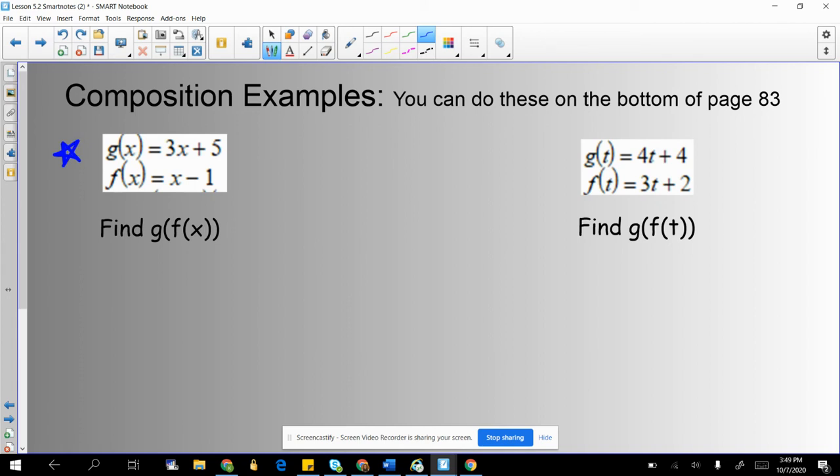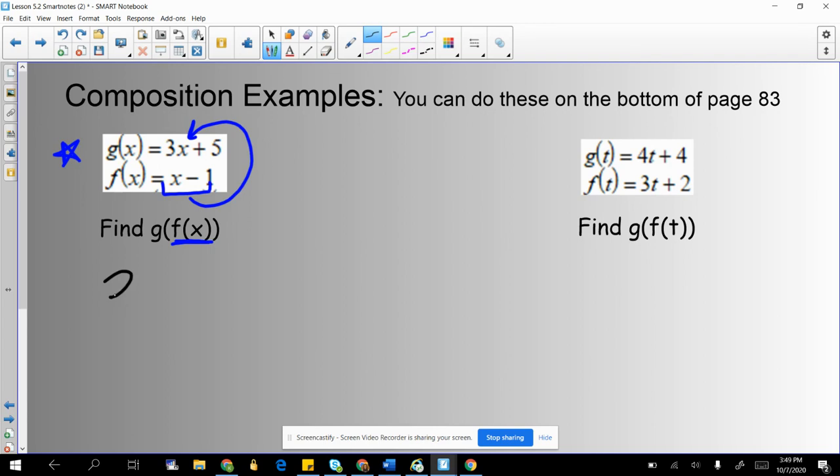And what they want you to do is find g of f of x. So what we are going to do is take this f of x and plug it into g of x. So again, I'm going to take this x minus 1, which is what f of x equals, and I'm going to plug it in right here.